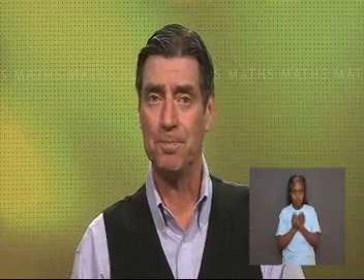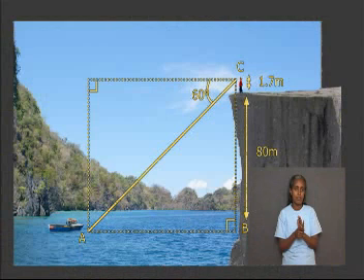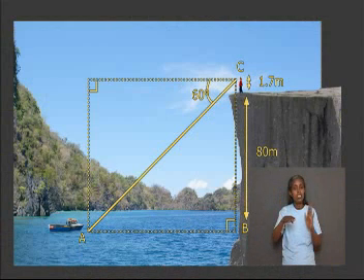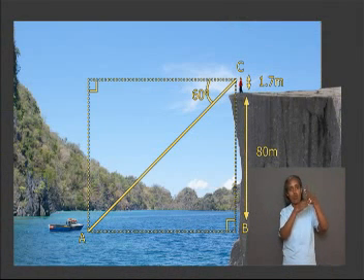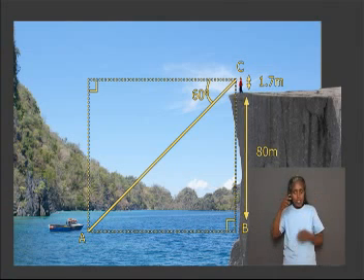Students, I would like you to try an example. Samuel is standing on the top of a cliff. He can see a boat in the ocean and would like to know how far the boat is from the bottom of the cliff.